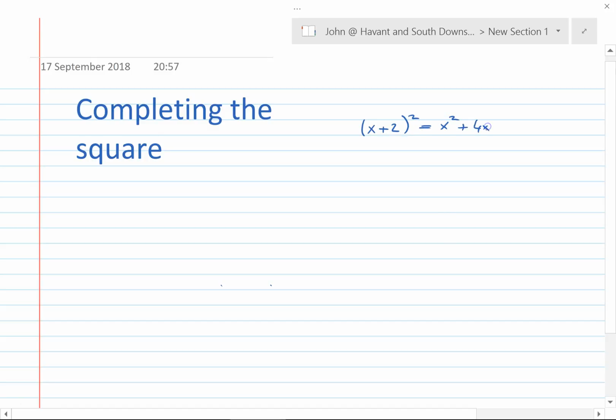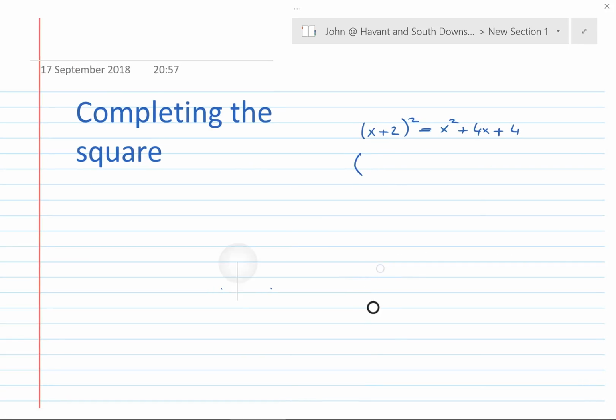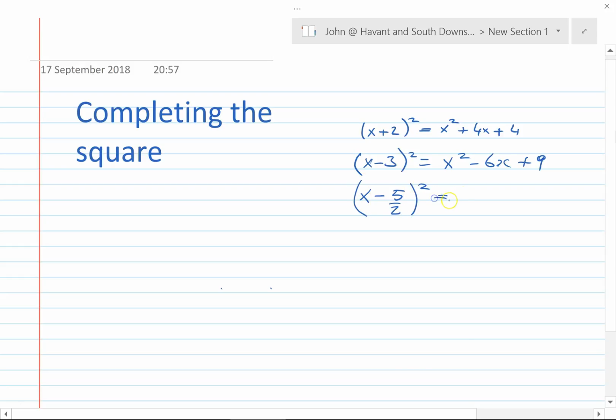For example, you should be able to do these at the same speed I'm doing this now. Or even, let's stick a fraction in. Okay, and we can do this merrily along.